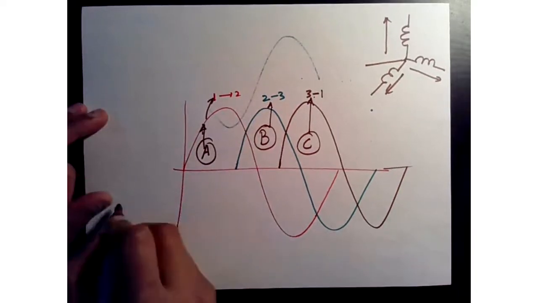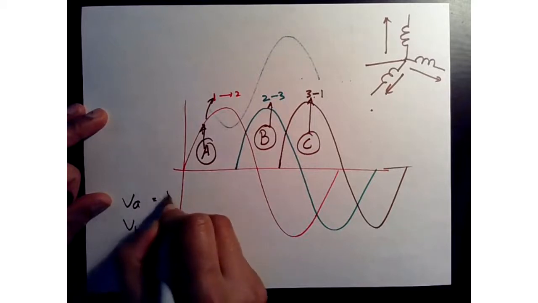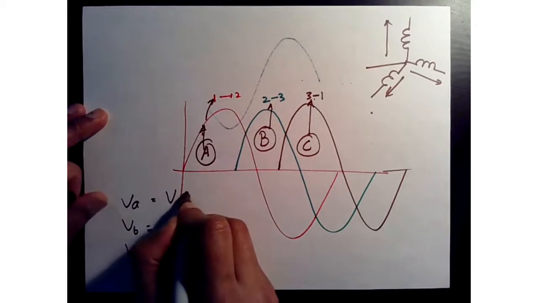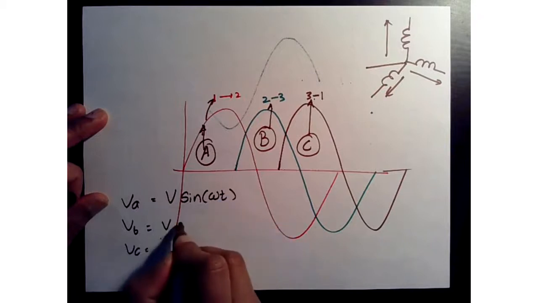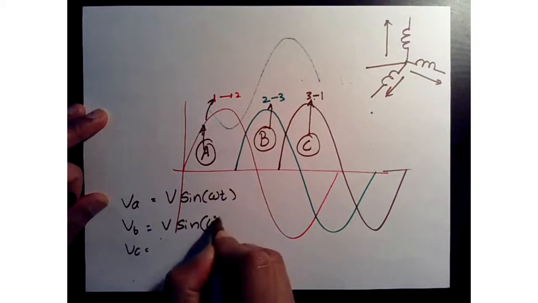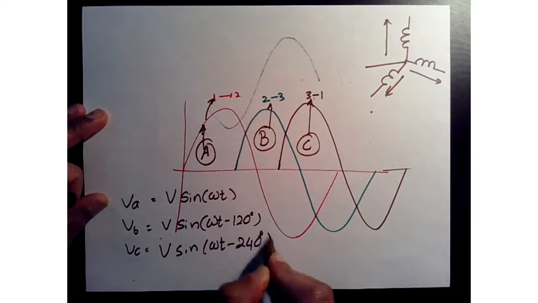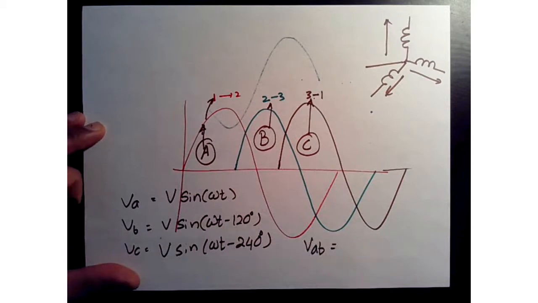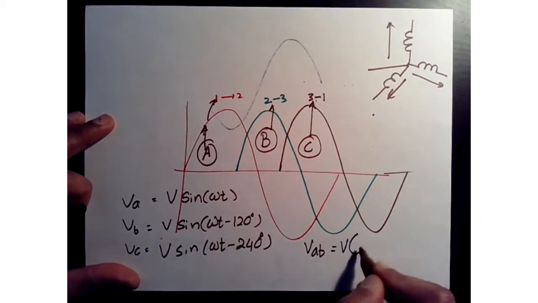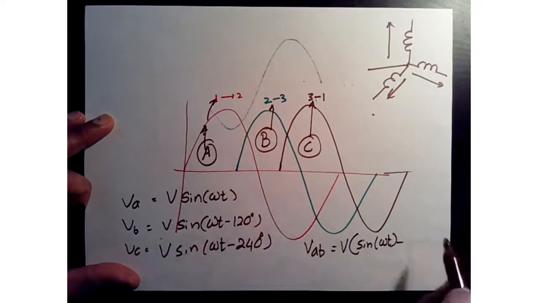Because if you look, let's say we have VA, VB, VC to be, we will say, V sine omega t, V sine omega t minus 120, V sine omega t minus 240. Now, if you are to look at VAB, this is basically V sine omega t minus this term, right?